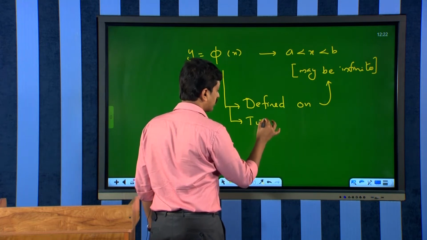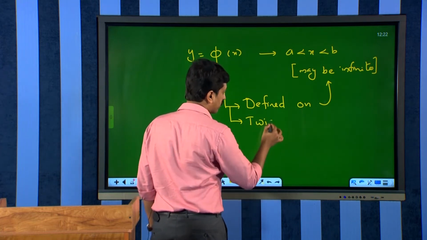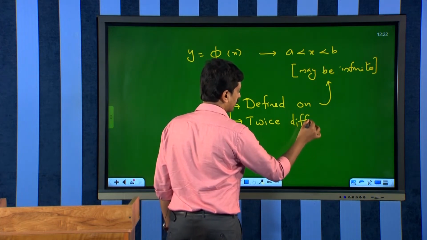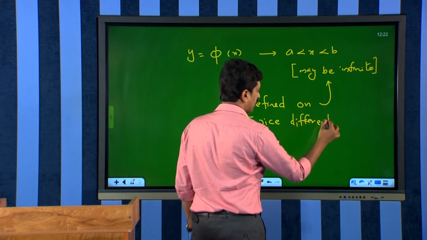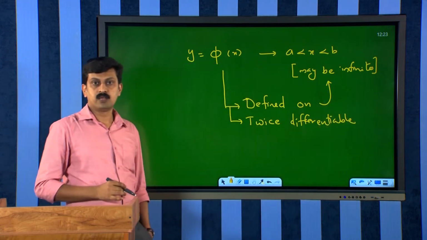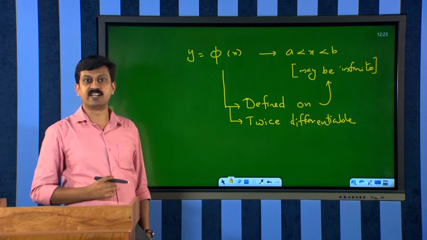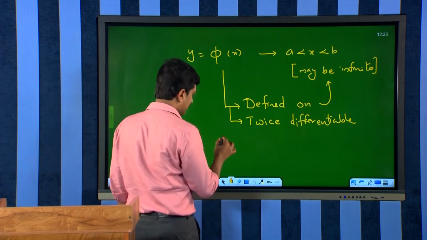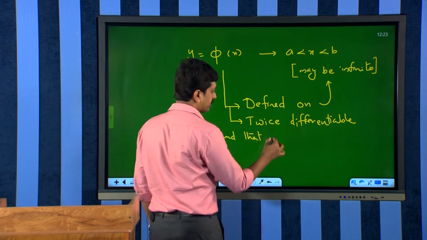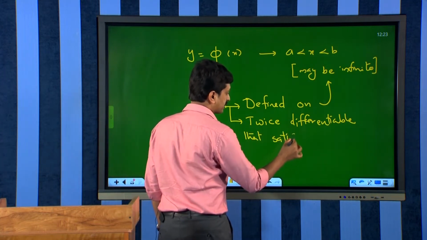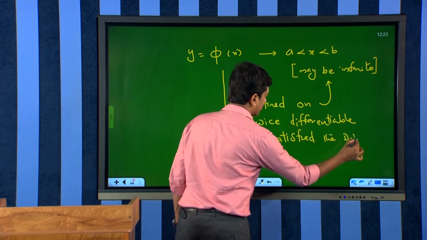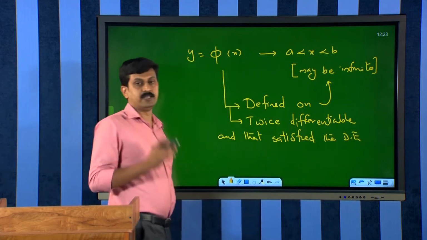The first order derivative and the second order derivative should exist, and that makes the equation an identity, that is, it satisfies the DE.